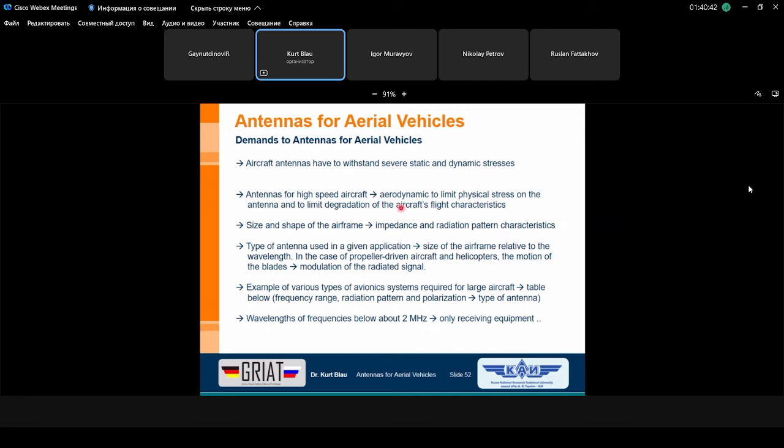It's not allowed that the antenna degrades the aircraft's flight characteristic. And on the other side, the high airstream along the airframe can destroy the antenna itself if it is not designed correctly.